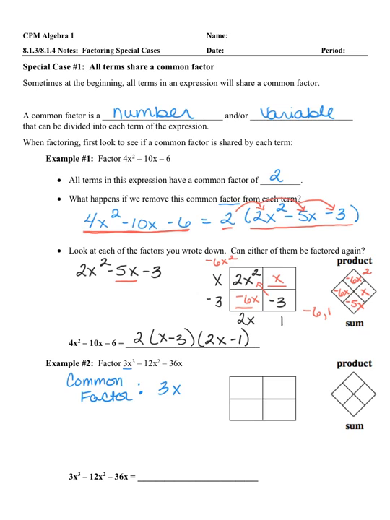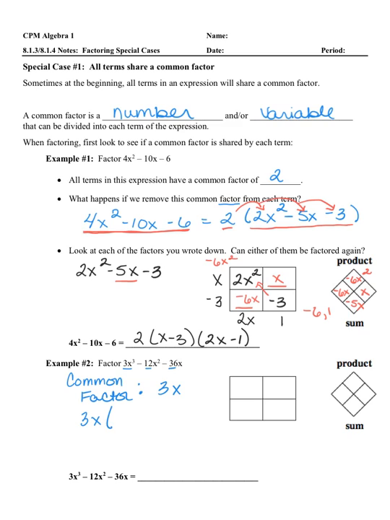Because each of the coefficients is divisible by 3, and each term has at least one power of x to spare, what we're going to do is rewrite that expression and pull out that common factor of 3x.